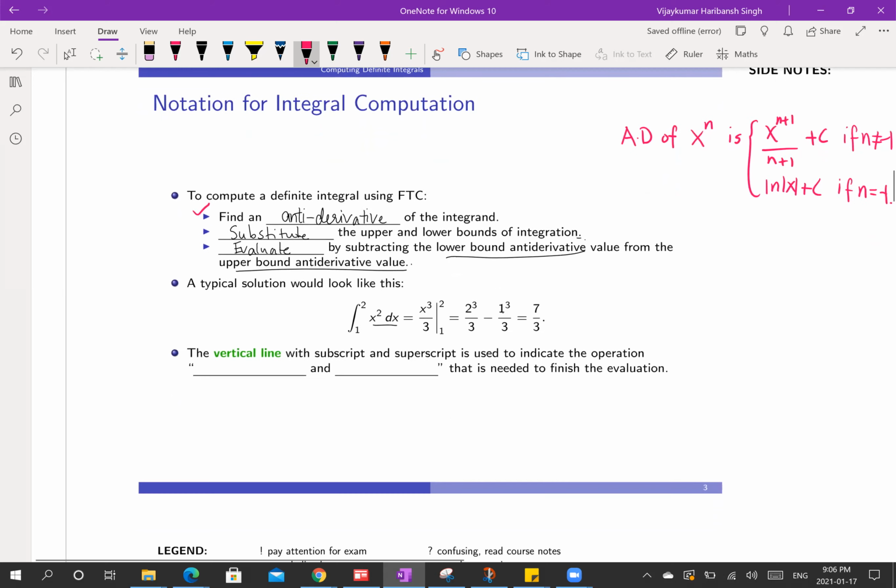So we find the antiderivative of x squared dx, which is x cubed by 3, and then we put a line like this to indicate the upper limit is 2 and the lower limit is 1. Then we evaluate by subtracting the lower bound antiderivative, which is 1 cubed by 3, from the upper bound antiderivative value, which is 2 cubed by 3. The answer is 8 minus 1 divided by 3, so we have 7 by 3.